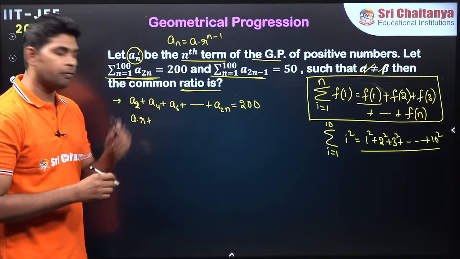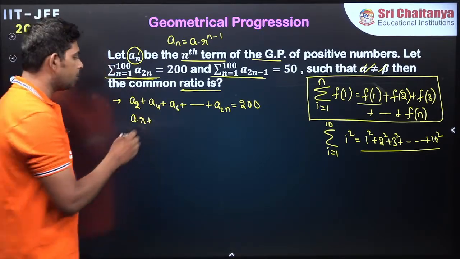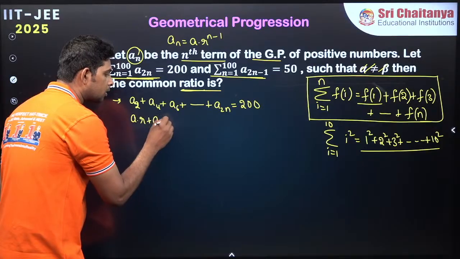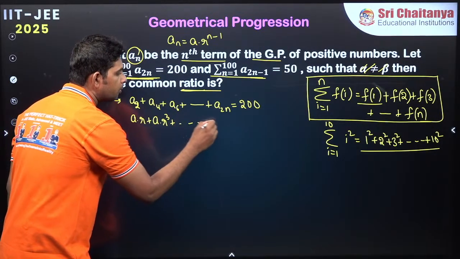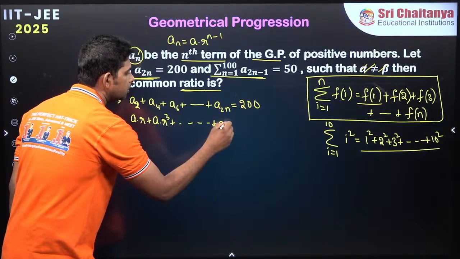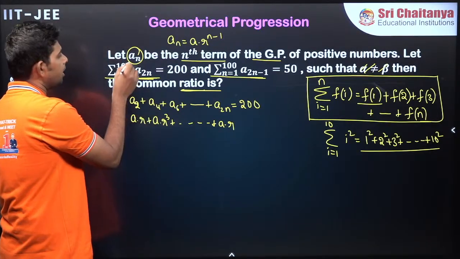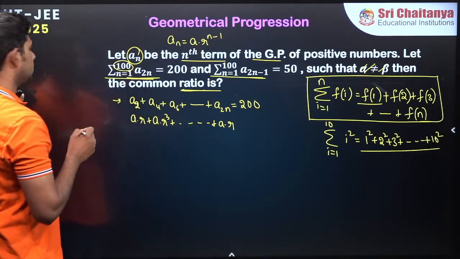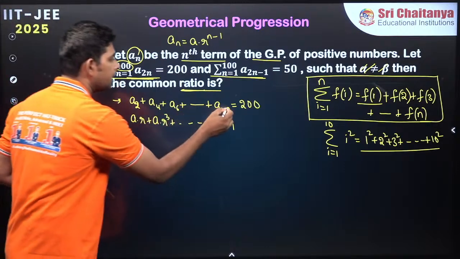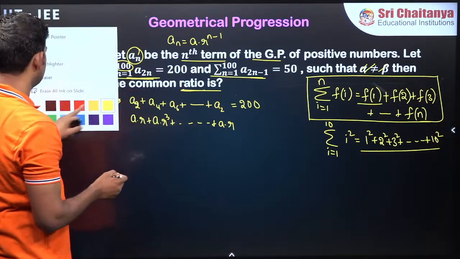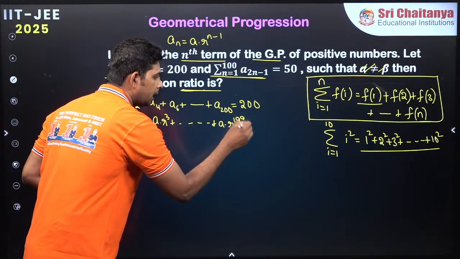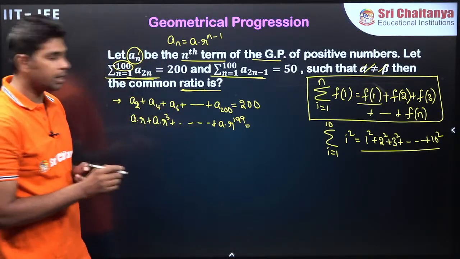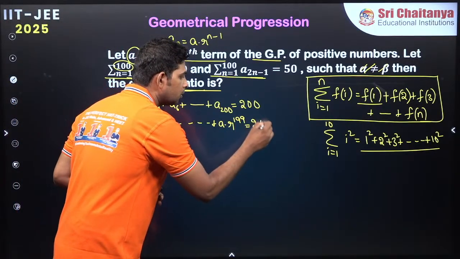A4 is a into r cube, the fourth term. Similarly a into r power 5, up to a into r power 199, the last term, since in the place of n we have 100, giving a200, which equals 200.